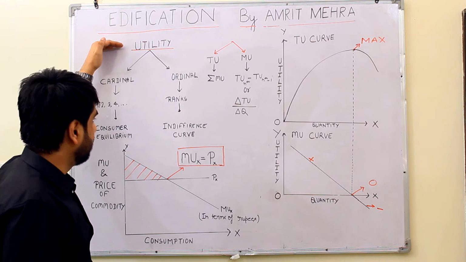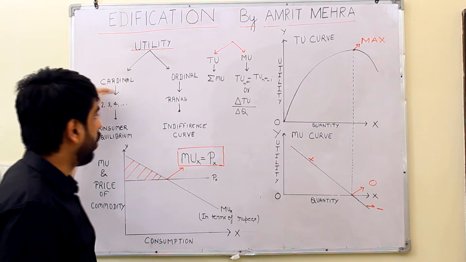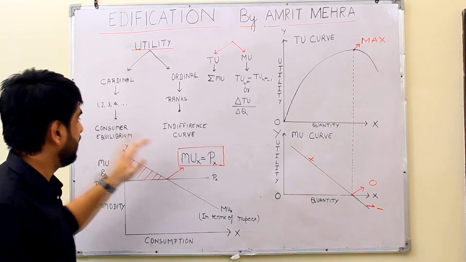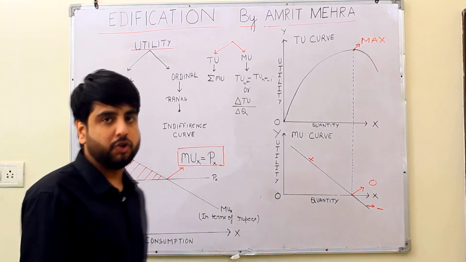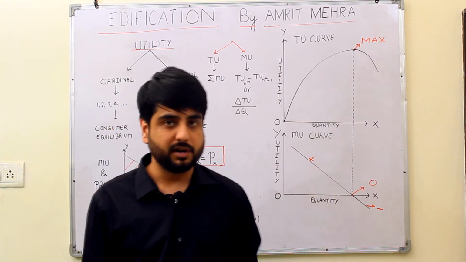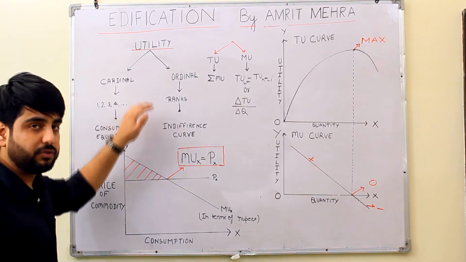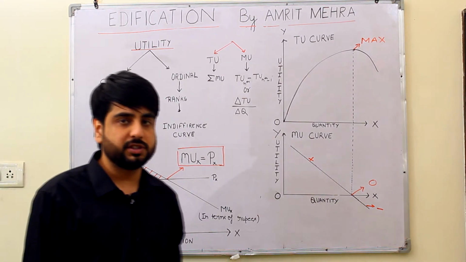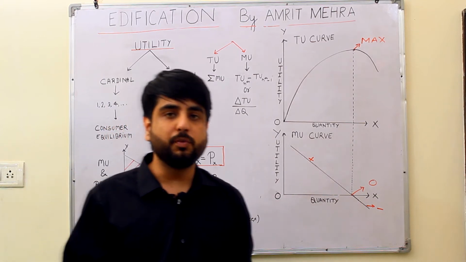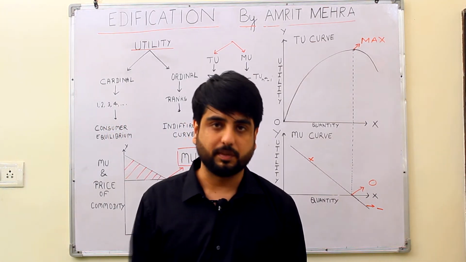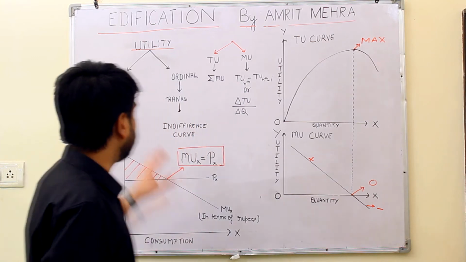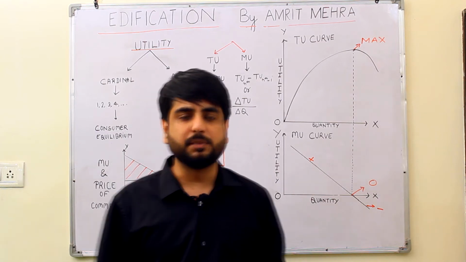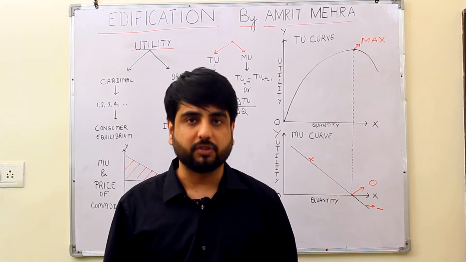Utility can be understood according to cardinal approach and ordinal approach. Cardinal approach states that utility can be measured in numbers such as 1, 2, 3, 4 and so on. Some economists supported the cardinal approach, and in this chapter the consumer equilibrium concept is based upon this approach, whereas some economists stated that measuring utility in terms of numbers is practically not possible.